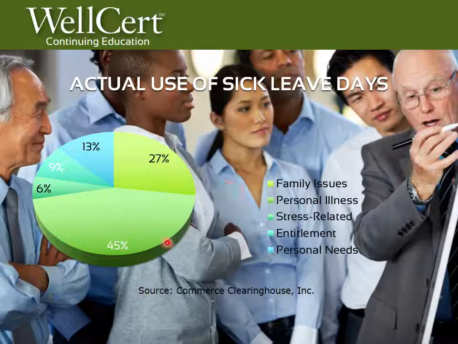About 45% of the reported sick leave was attributed to personal illness. And just to give you an idea, the National Health Survey has found that the average American worker experiences somewhere in the area of 2 medical symptom events personally per month, which is 24 per year.